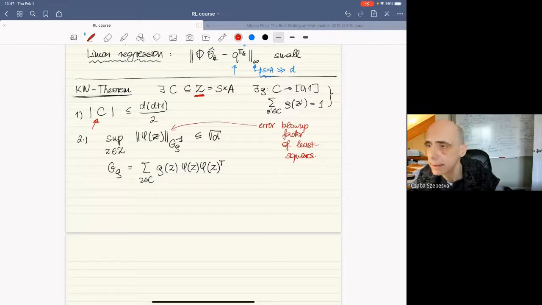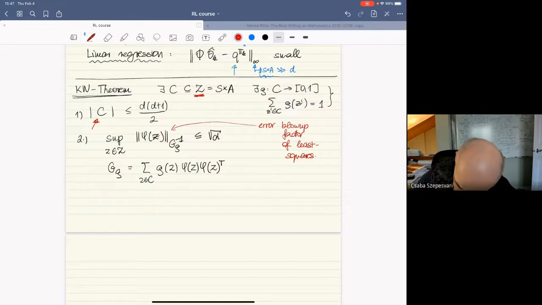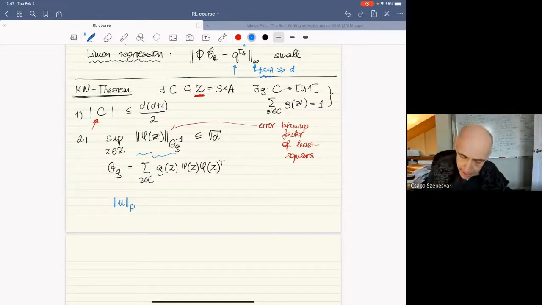So there are some questions in the chat. Let's see. How do we define the norm notation for a matrix again? Oh, okay, yeah. Good point. I took it for granted that we know what this notation is. So if you have any vector u and a positive definite or even positive semi-definite matrix P, then this norm of u with respect to P is defined as a weighted 2-norm.